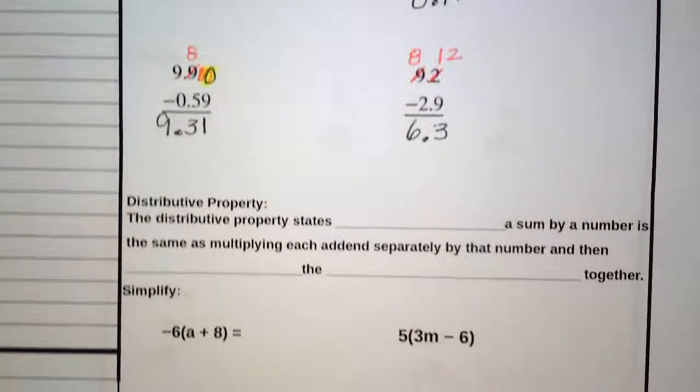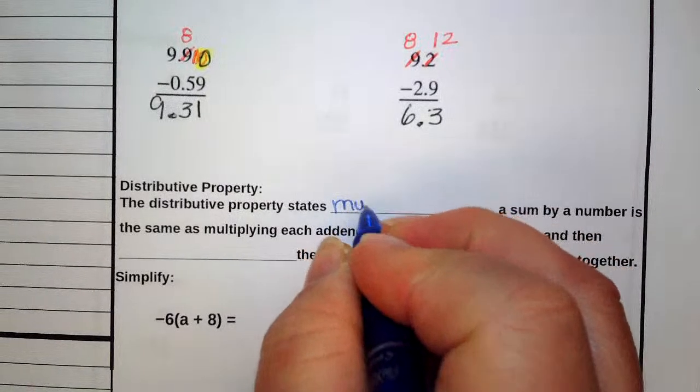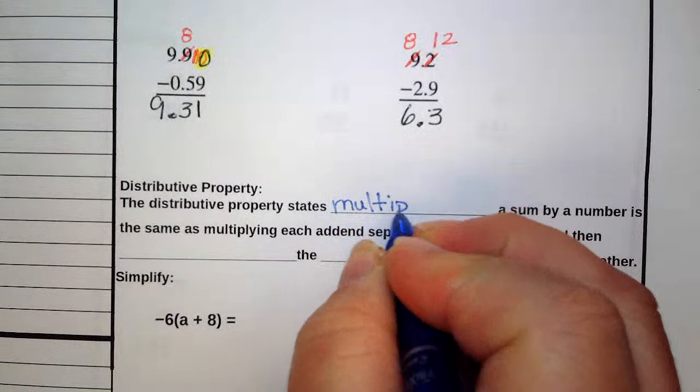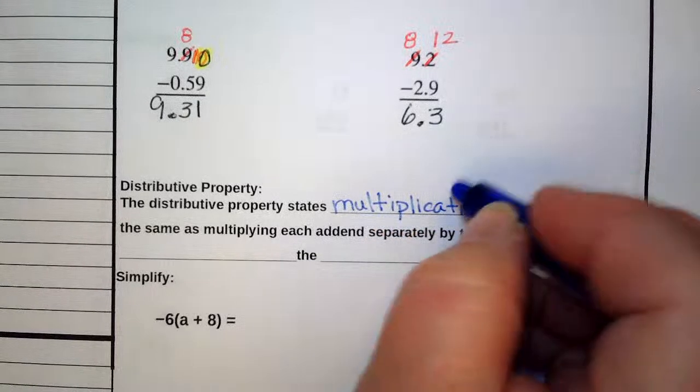So what is the distributive property that we've been working on? The distributive property states multiplying a sum by a number is the same as multiplying each addend separately by that number and then adding the sums together. So this is all about multiplying.